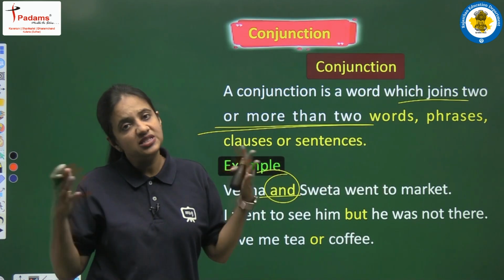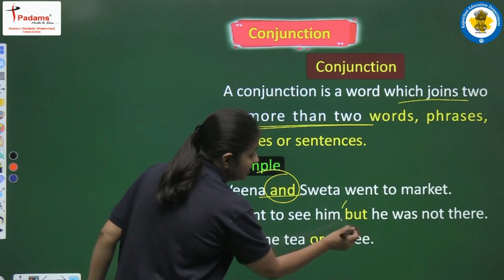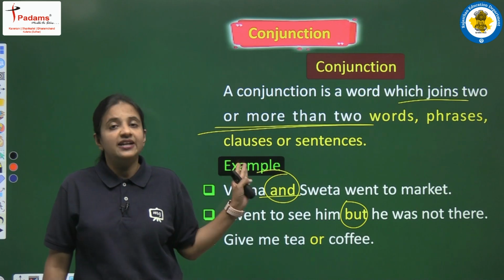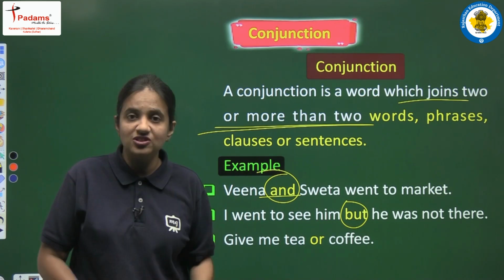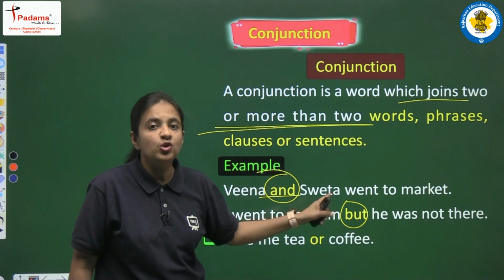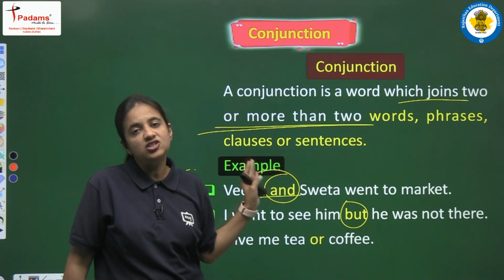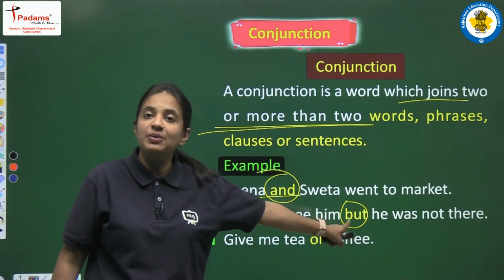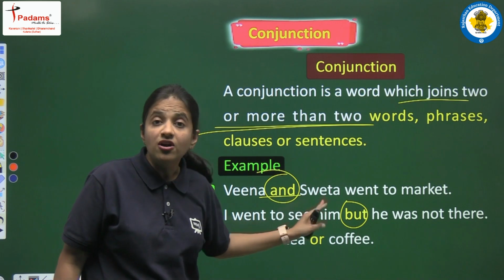But these two sentences are connected using one conjunction, that is but. So with the help of a conjunction we can join two sentences also. One more example: give me tea or coffee.